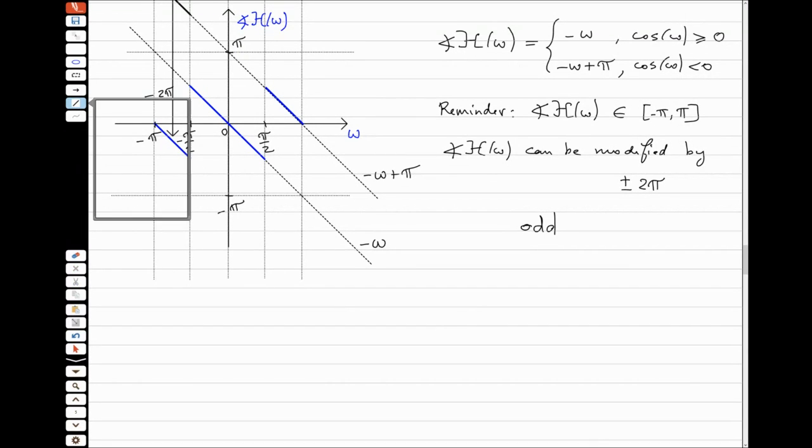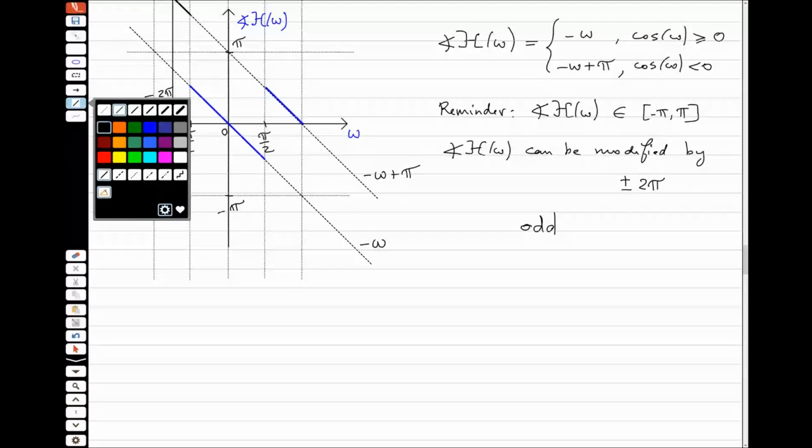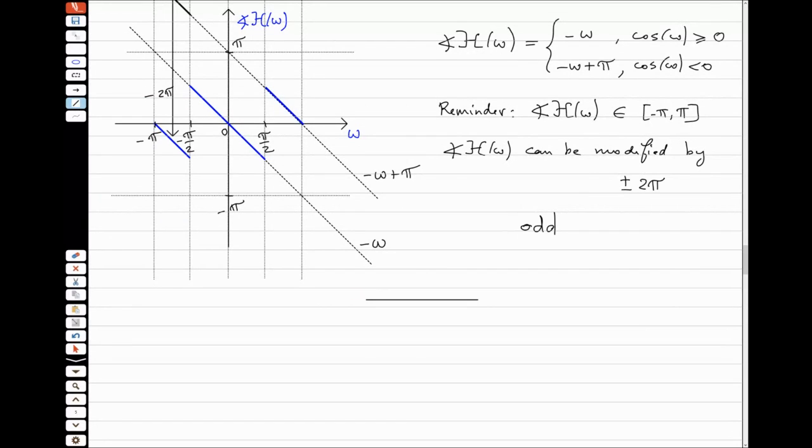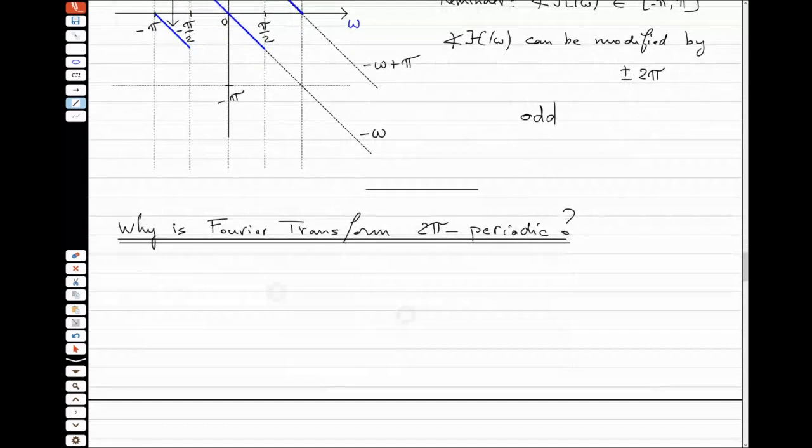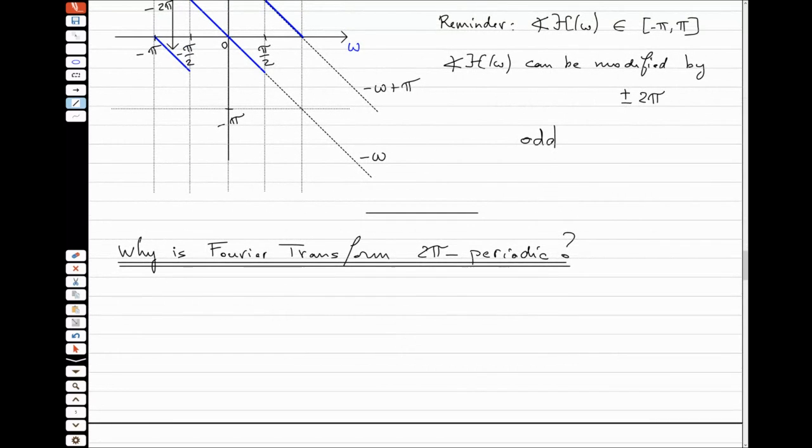Now, the last item I would like to cover today is why is the Fourier transform 2-pi periodic? We saw it. We know why mathematically, but physically, why do we have this 2-pi periodicity?